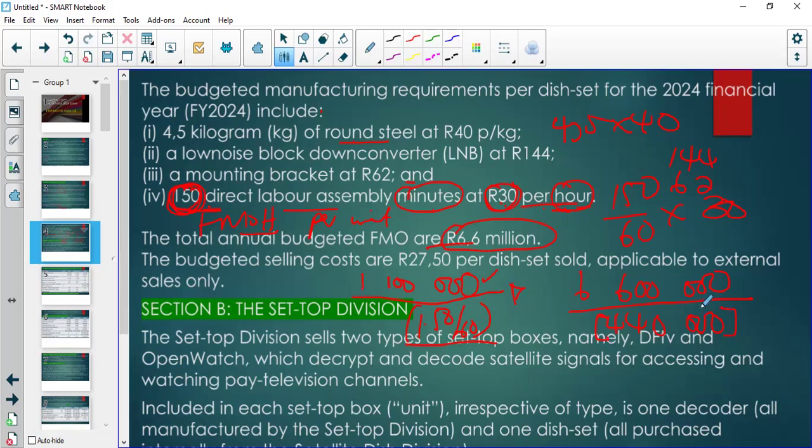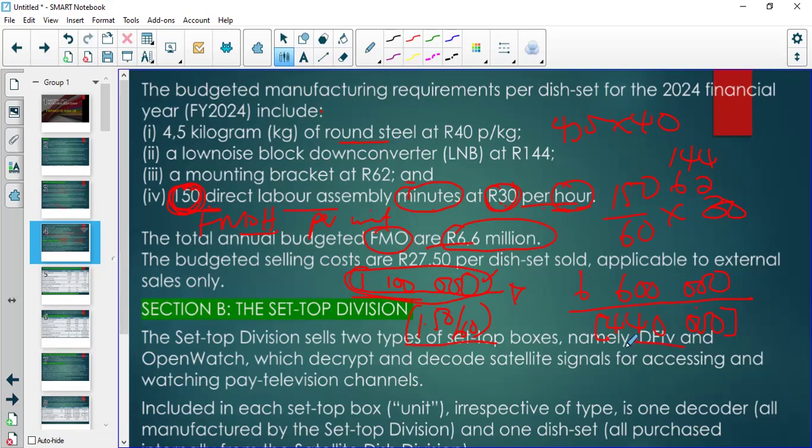I could have changed these to hours, with the fixed manufacturing overhead absorption rate in terms of rands per hour, simply by dividing by the budgeted number of hours. And still I would need to determine the per unit amount as well. So I can use it this way.